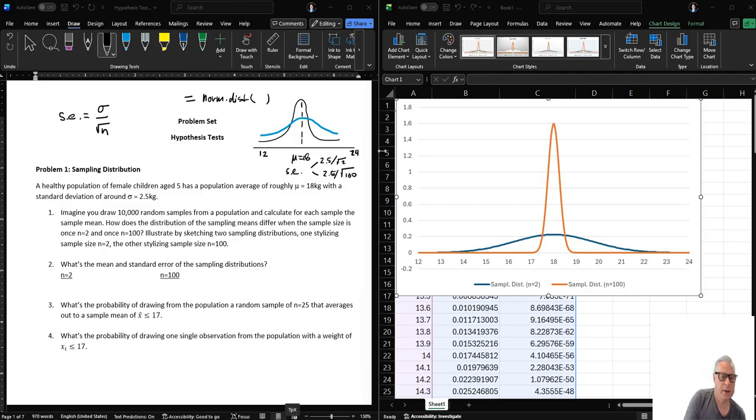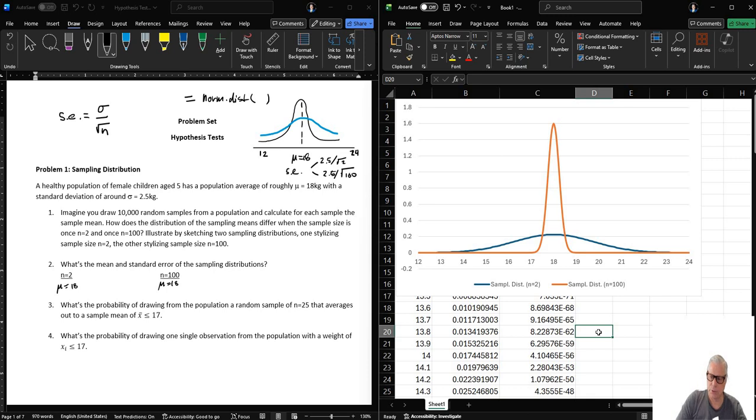So we have drawn these here. And what's the mean and the standard deviation? Well, here the mean is 18, the mean is always the same, and here it's 18. But here the standard error is equal to 2.5 divided by the square root of 2.